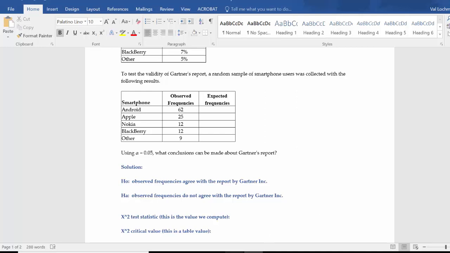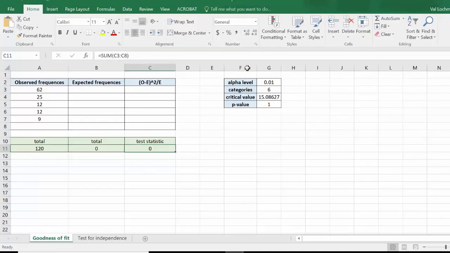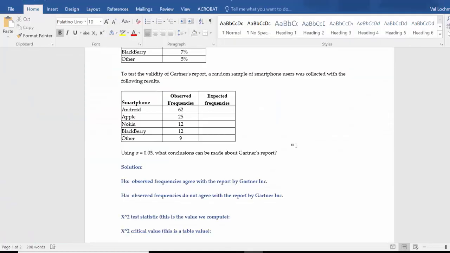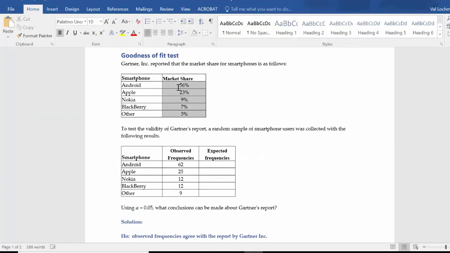So let's go to our Excel file, where I've already typed in all my numbers. The sum is 120, which I will be using when computing expected frequency. Let's see what the expected frequencies are.